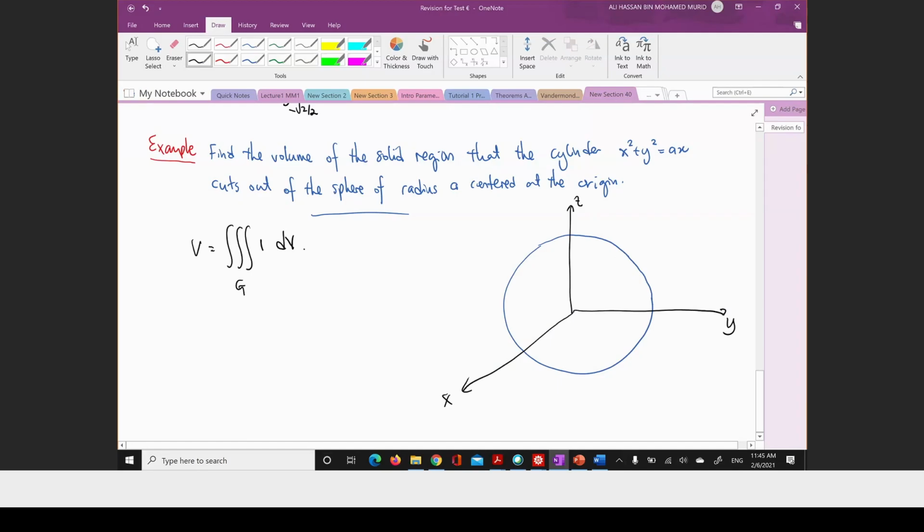Okay, that is the sphere, something like this. Radius a, right? Centered at the origin, radius a.